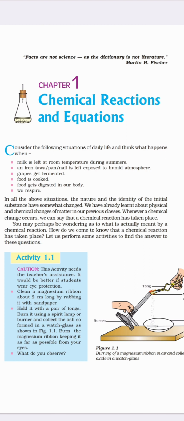That is, after the change, we can bring the product back into the initial substance, the reactant. Wherever a chemical change occurs, we call it a chemical reaction. So what do you mean by chemical reaction actually?